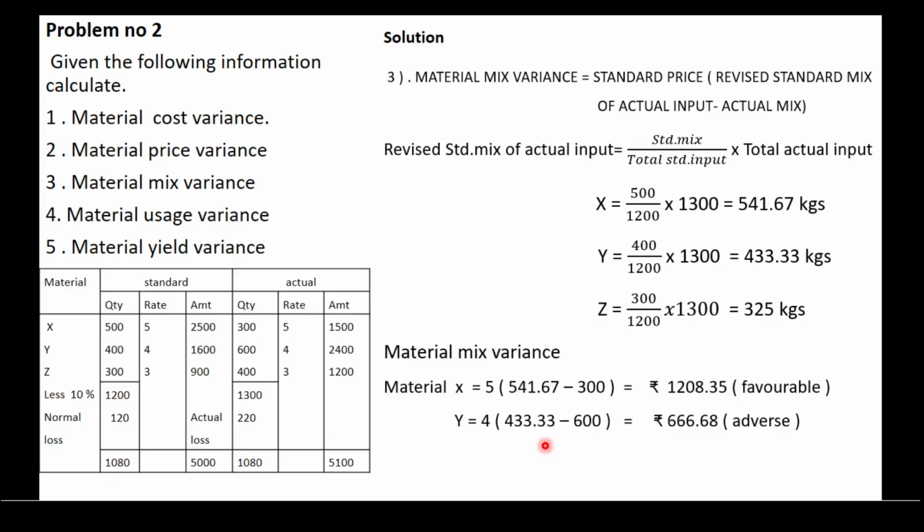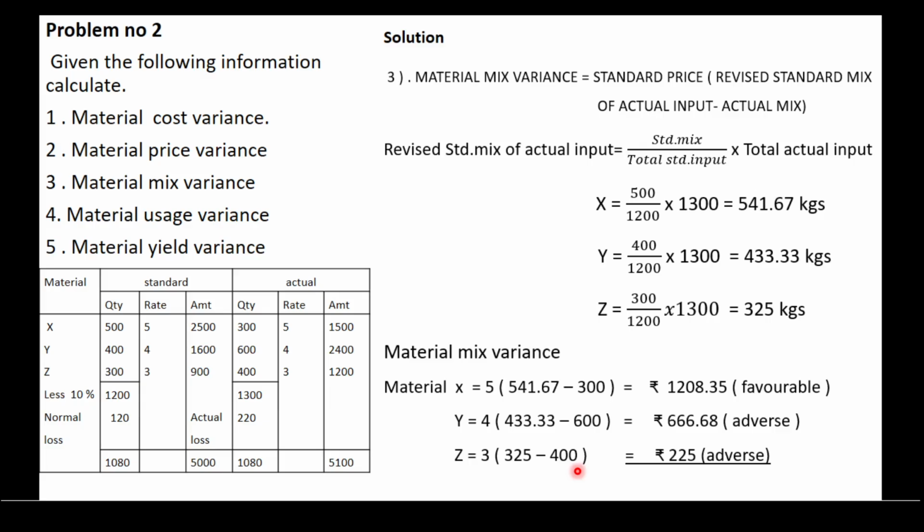And the next for the material Z. For the material Z, the standard price is rupees 3 into the revised standard mix of actual input 325 kgs minus actual mix. The actual mix means the actual quantity 400. So 3 into 325 minus 400. So the material mix variance of the material Z is rupees 225.